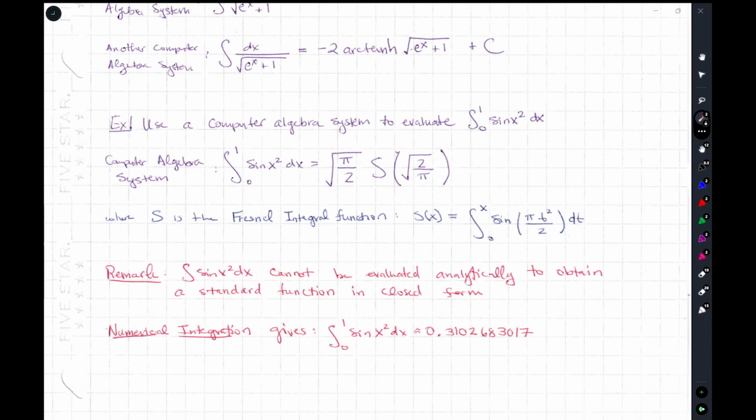It's not because we just didn't figure it out, and that there is actually something simpler if we try hard enough. There's no simple function that when you take the derivative of it, you get sine x squared. And so if we wanted to integrate this, say, from 0 to 1, we would use numerical methods to do that integral.